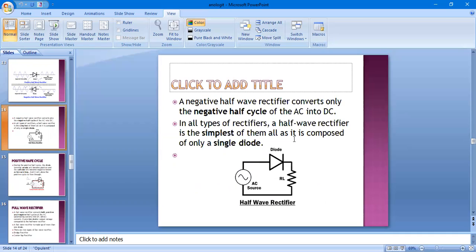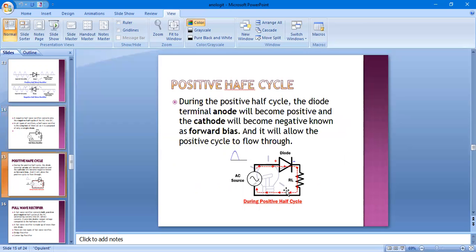Of all types of rectifier, the half-wave rectifier is the simplest of them all. It is composed of only a single diode. This is a diode and this is the AC source which is being converted by the half-wave rectifier.